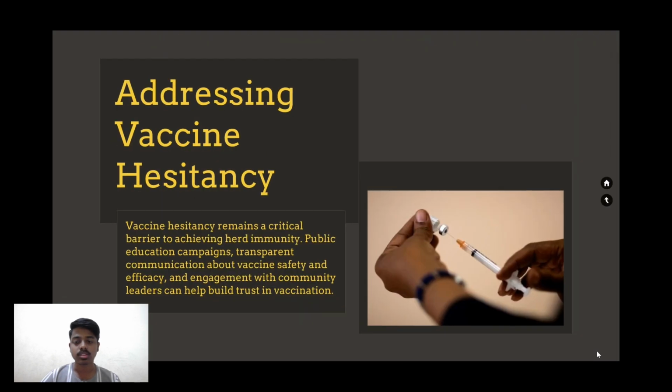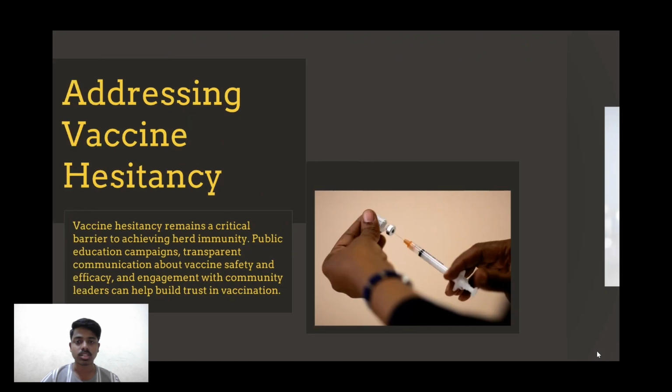Addressing vaccine hesitancy. However, even when new vaccines are found, people do not always believe in them. Vaccine hesitancy remains a critical barrier to achieving herd immunity. Public education campaigns, transparent communication about vaccine safety and efficacy, and engagement with community leaders can help build trust in vaccination.